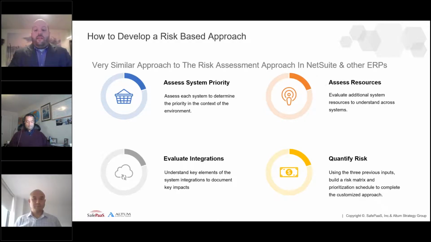And then evaluating the resources, and by resources we really mean what processes and what people, how people are interacting between systems and intra-systems as well. And then quantifying the risks. Quantifying those risks is really going to help determine the outcomes and which systems are assessed first and which audits are really necessary.